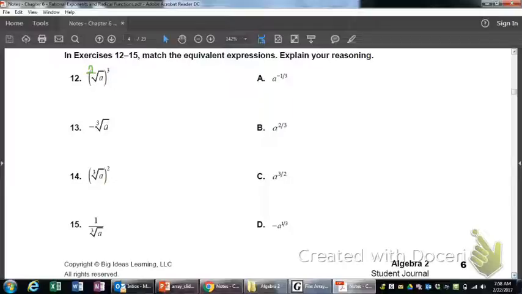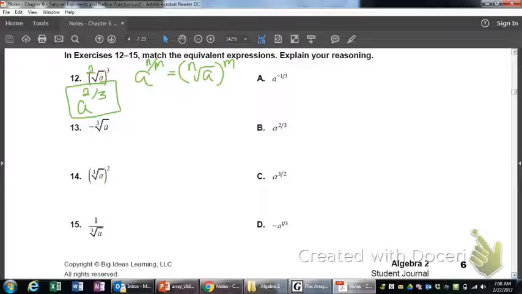So that means that this is, don't forget, the nth root of a, all raised to the m, which is the same as a raised to the m over n. So this is really a to the 3/2.